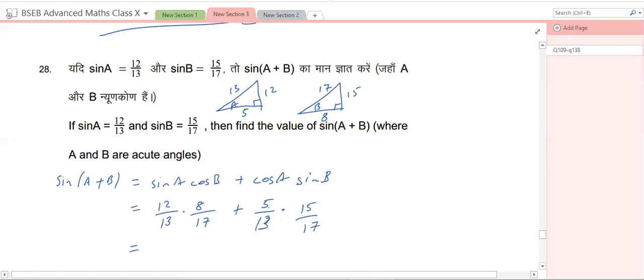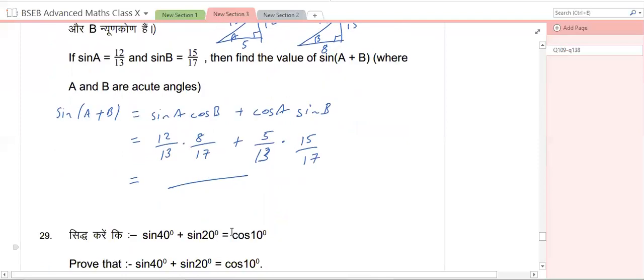No. So let's see what we can write. 13 times 17 should get 221, and 12 times 8 you should get 96, and 5 times 15 you should get 75.